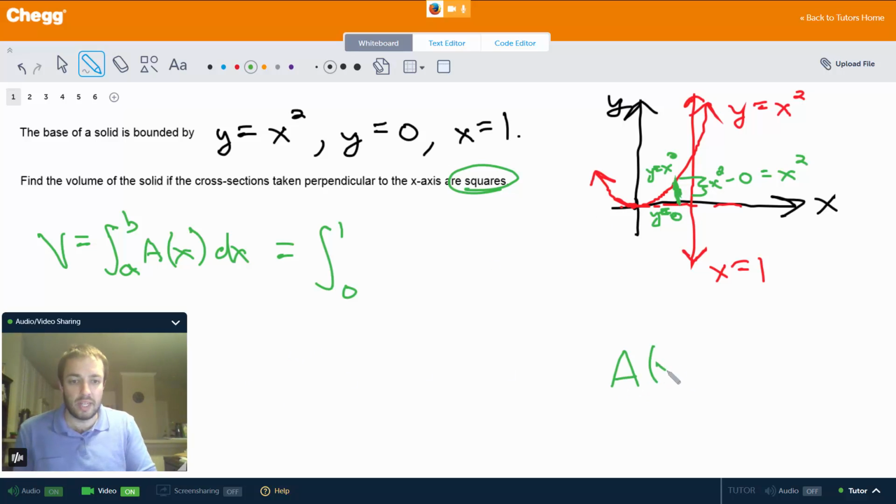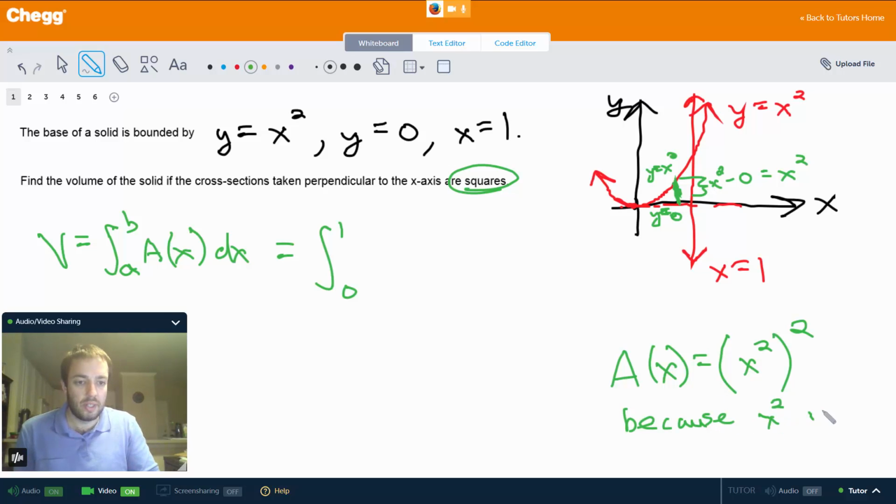The area is A of x equals x squared squared, because x squared is the length of one side of the cross-section, and the cross-sections are squares.